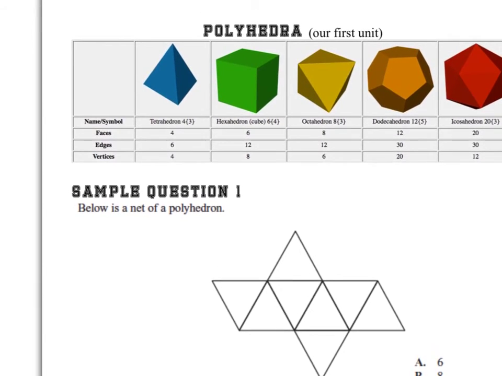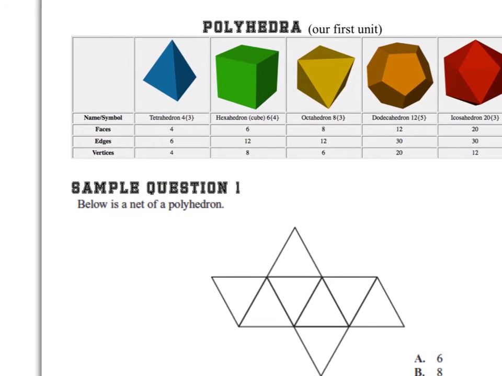You might also notice that this is a triangular faced object, and so the only choices that we have for those are the tetrahedron, which is going to be like a pyramid shape, or the octahedron. And you can see that there are 1, 2, 3, 4, 5, 6, 7, 8 faces in that.